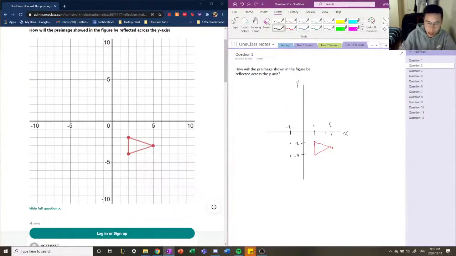Finally, we have our last vertex here, which is at -5. So using the same rationale here, we're going to make sure that it is always 5 units away from the y-axis when we're reflecting it. So this is the reflection of that. And this is the triangle that we have. Okay? So this is how you flip or reflect an image across an axis.